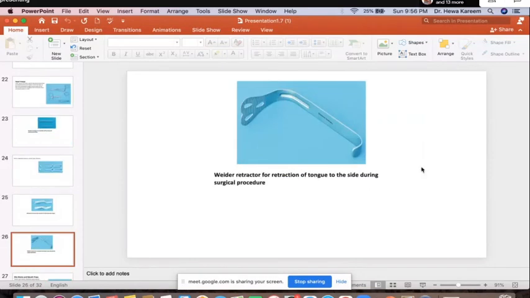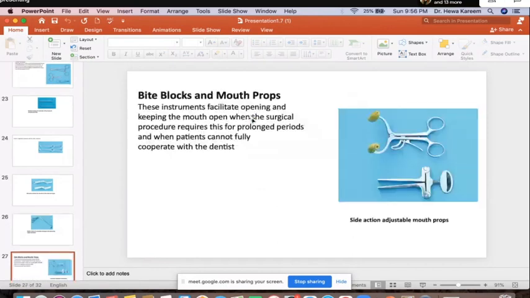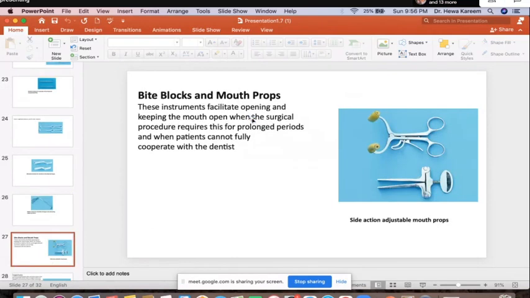This is for retraction of the cheek, and this side for retraction of the tongue. Bite block, a mouth prop for opening the mouth.